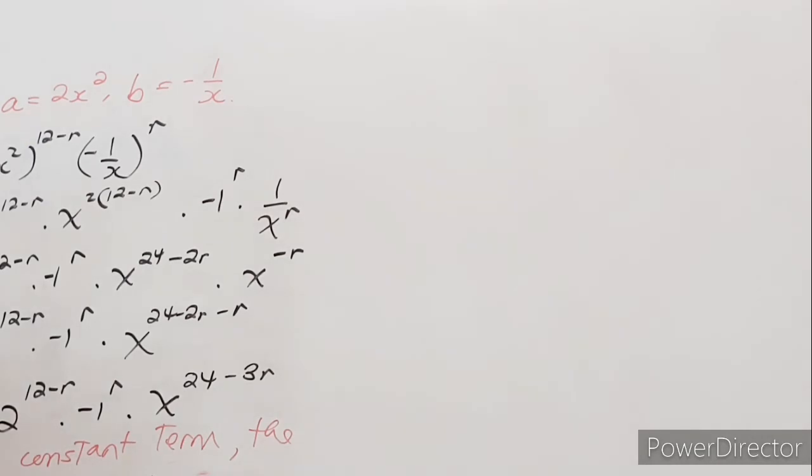Once I get the value of r equal to 8, the next thing I will do is substitute r equal to 8 back into the general term, and I should get the term independent of x.